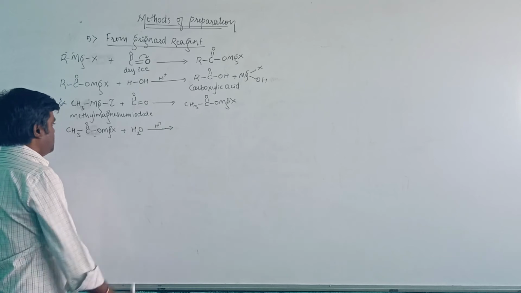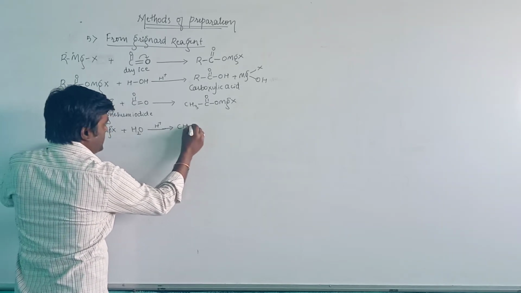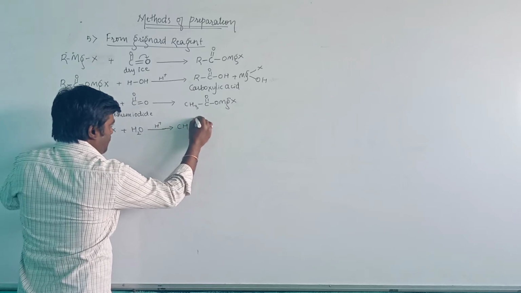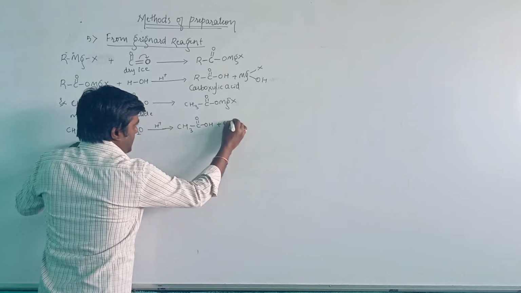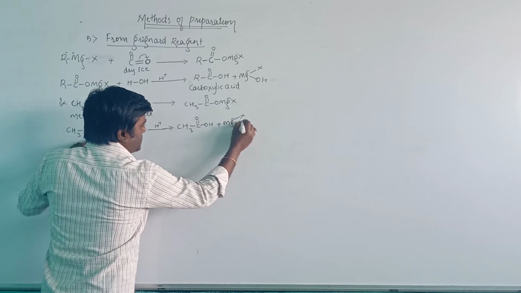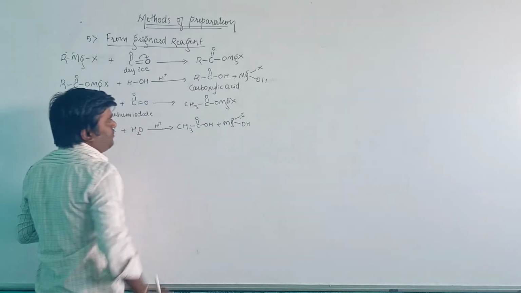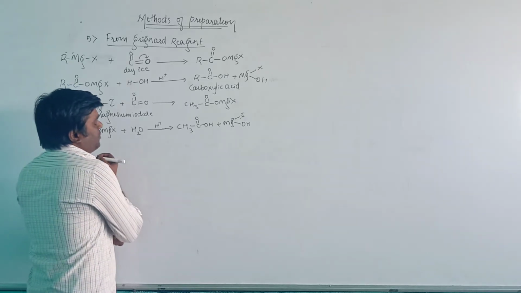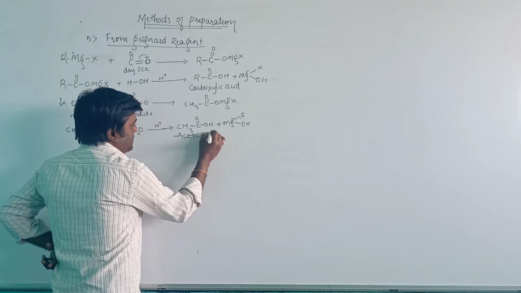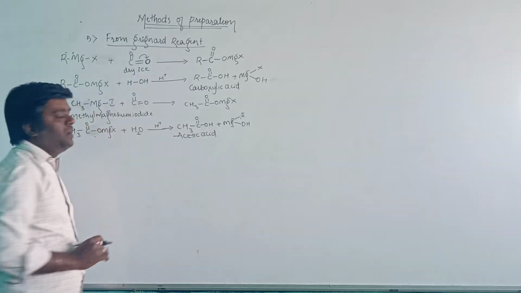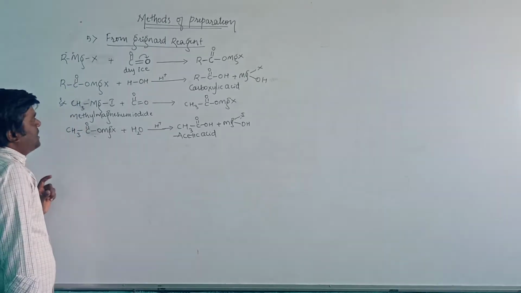It gives the compound acetic acid, CH3 C double bond O, OH, and MgX, OH, where X is iodine. The general name is acetic acid, and the IUPAC name is ethanoic acid. This is one example.